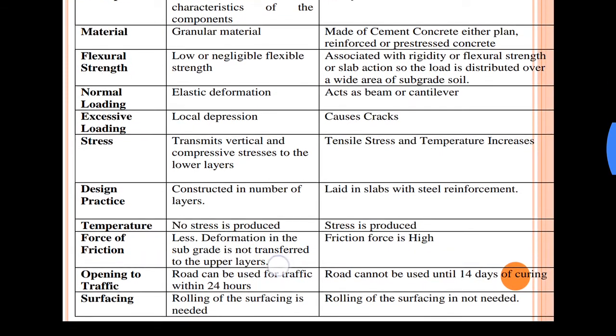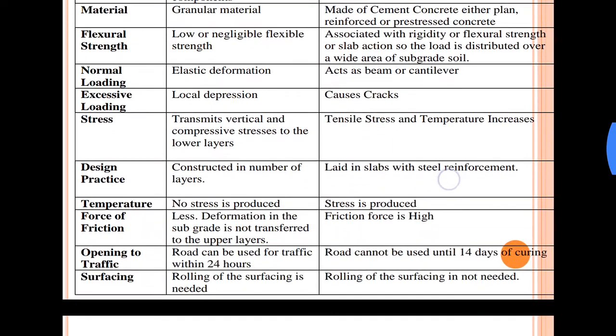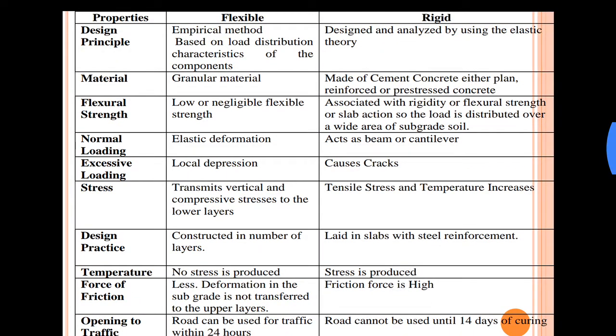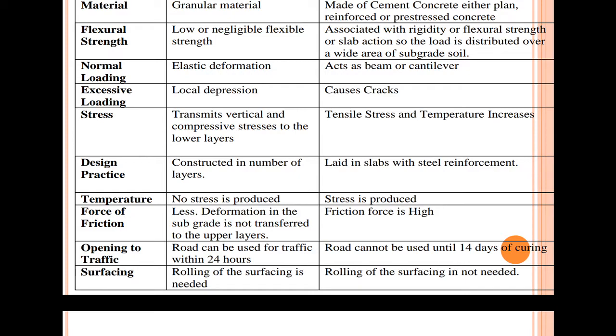Opening to traffic: the flexible pavement can be opened to traffic in a quick time of around 24 hours, whereas rigid pavements cannot be opened before 14 days, because concrete is being used and the time of setting and hydration is taken up, so a minimum of 14 days is required to open the road for traffic.